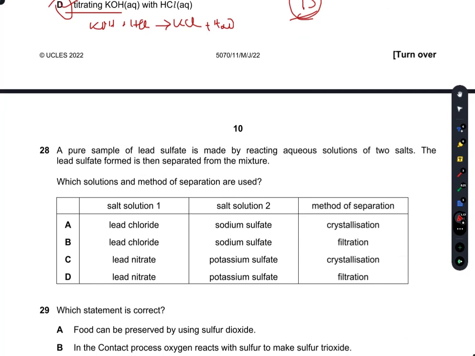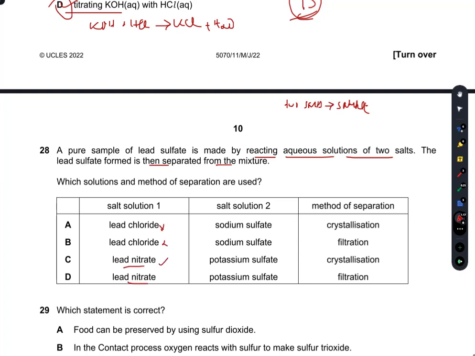A pure sample of lead sulfate is made by reacting aqueous solutions of two salts. The lead sulfate formed is then separated from the mixture. Which solutions and method of separation are used? By reacting aqueous solutions of two salts, I will have to take two salts which are soluble. Lead chloride is not soluble in water.